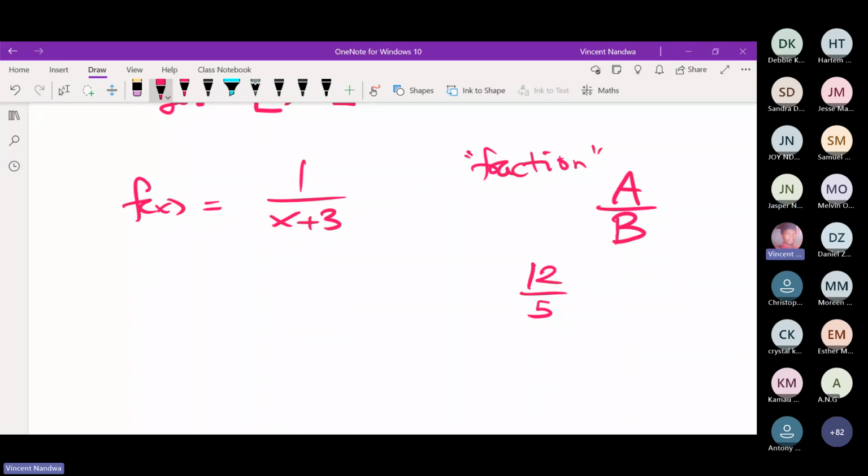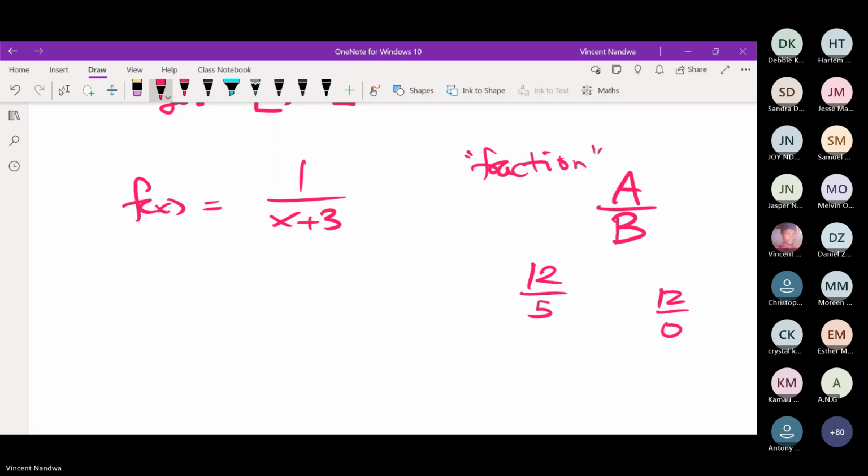Don't disappoint your high school math teacher. Can we have a fraction like 12 over 0?